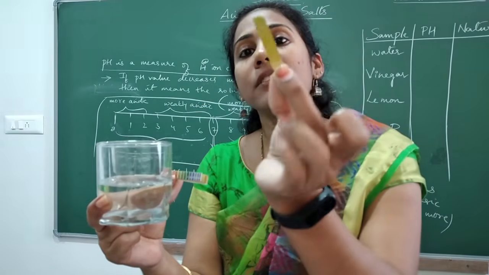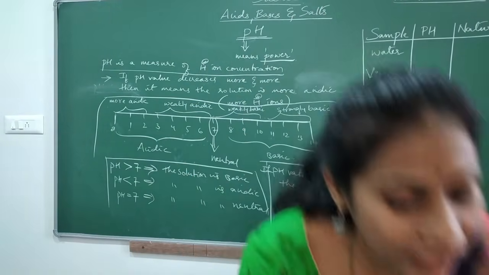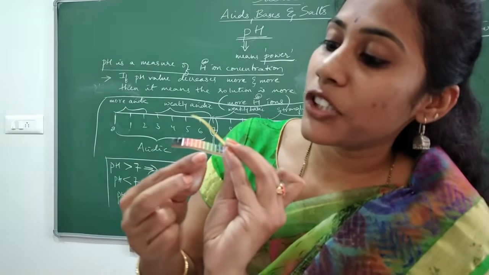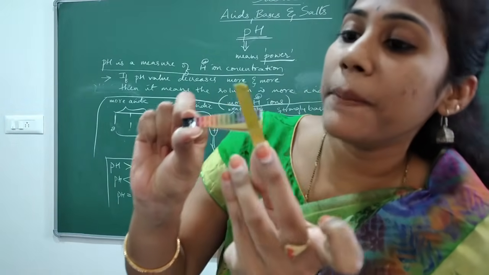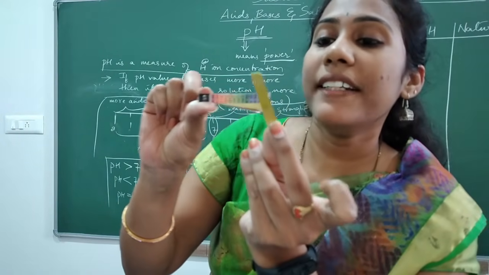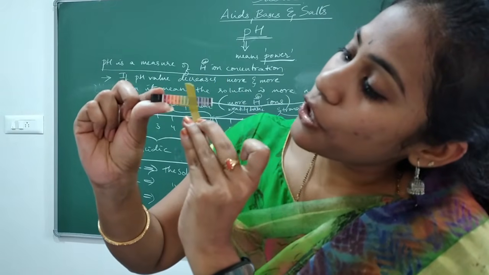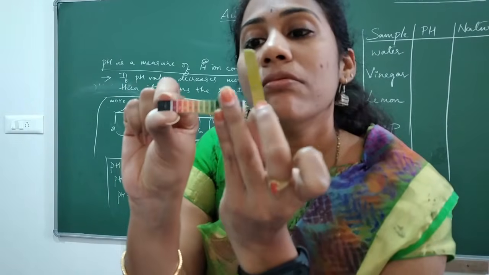Definitely, the color of the pH paper has changed. Now I will compare the color. See, to which color, to which number it is matching. Can you find out where it is matching? Almost it is matching with 6 to 7, yes or no?